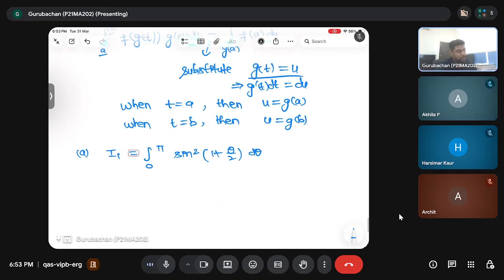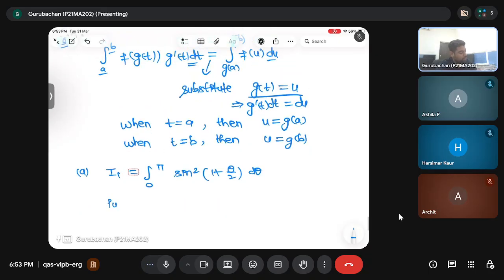Substitute 1 plus theta by 2 equal to some t, or as we are following, u. So what will be d theta? I'm just skipping one or two steps. 2 du.